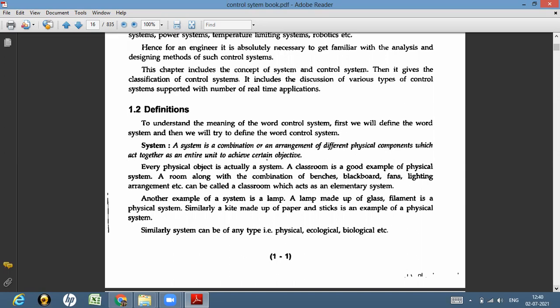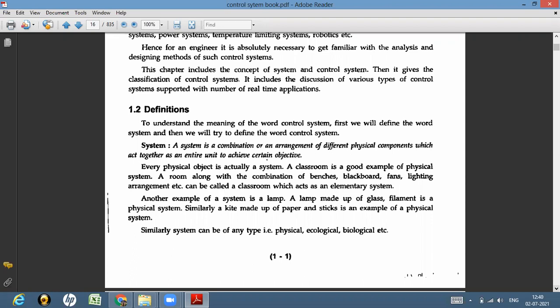That is why the author of your book, UA Bakshi, has given an example: a system is like a classroom. In a classroom we have benches, lights, fans, blackboards, students, and teachers. When we combine all these parameters, it is called a system. Another example he has given is a lamp.